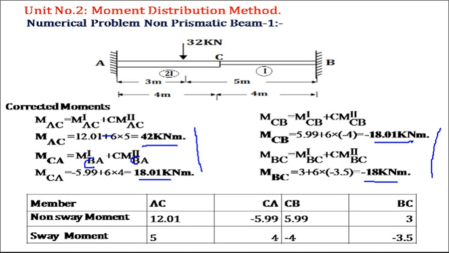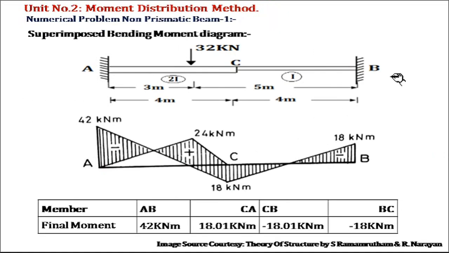So from this we'll draw the bending moment diagram. For a non-prismatic beam you have to draw the bending moment as we draw for the frame. So first draw the horizontal line. The moment in member AC is plus 42, that means the moment acting here is in anti-clockwise direction.